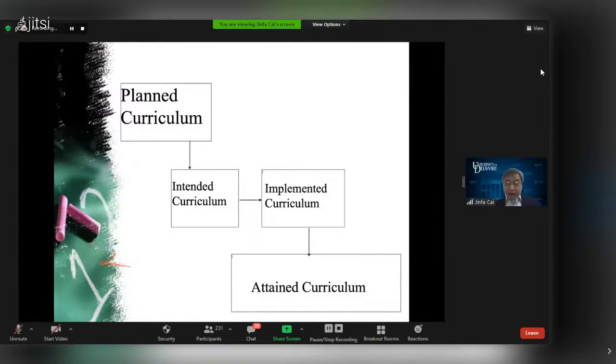Okay, the reason I divide into these 4 levels is because I want to show you that in the planned curriculum, or in the curriculum standards, there is quite a bit of emphasis on problem posing.